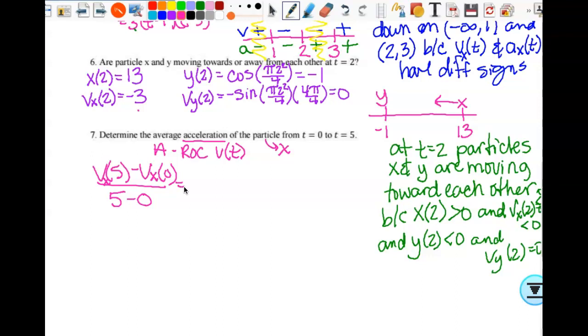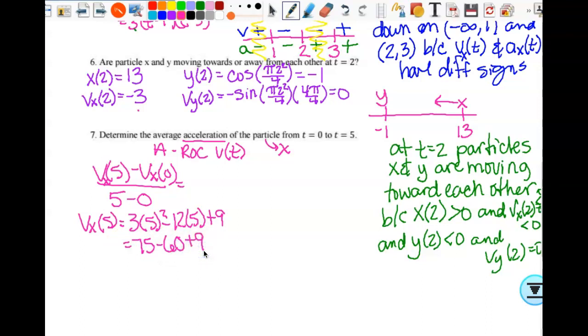Where's that formula? Okay. So velocity for x at 5 is going to be 3 times 5 squared minus 12 times 5 plus 9. Right. So 5 squared is 25 times 3, that's 75 minus 60 plus 9.